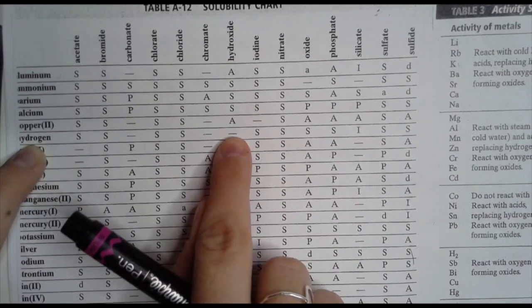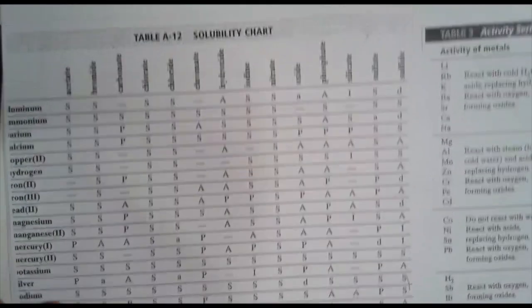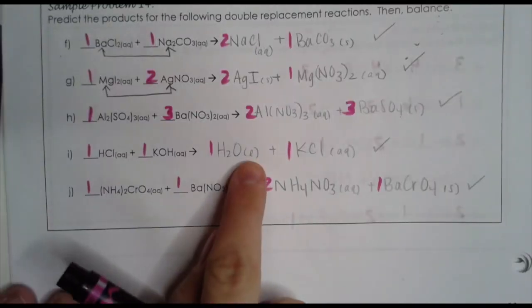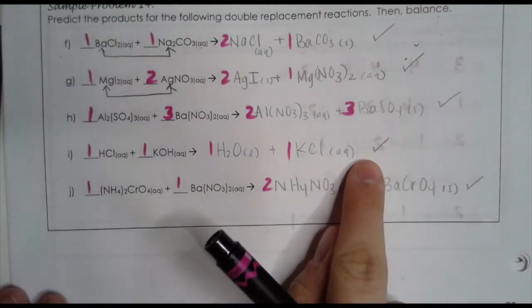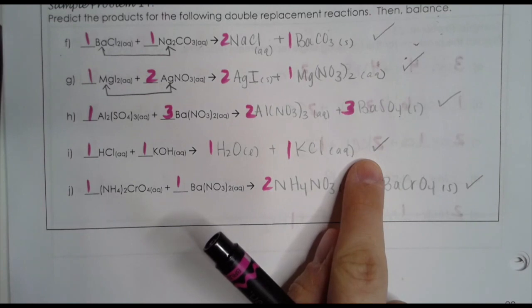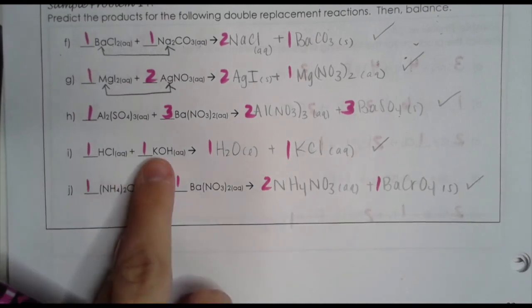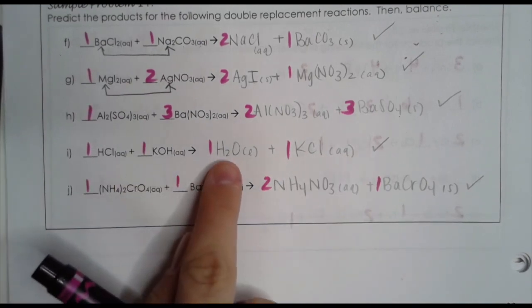That is not going to be a solid. Hydrogen hydroxide is a liquid. That is water, a crazy sounding name for water. So in this case, we would actually form a reaction here, and this is not a precipitation type of reaction. This is what we call a neutralization reaction. We have a strong acid reacting with a strong base, and that gives us water and a salt.